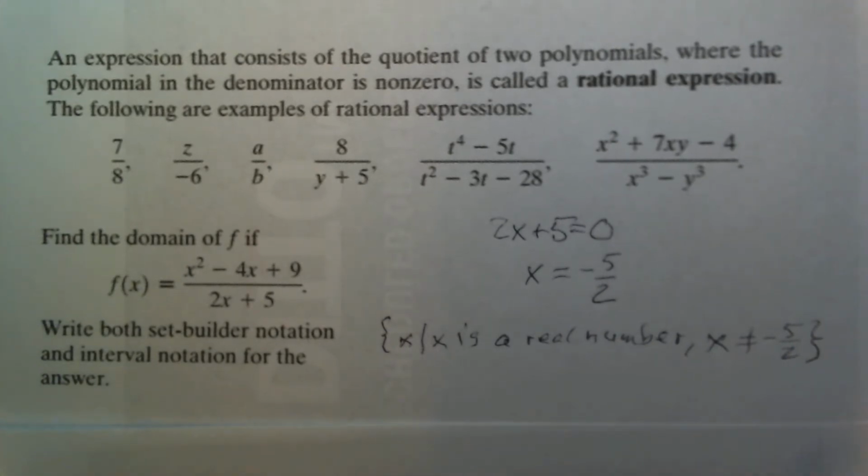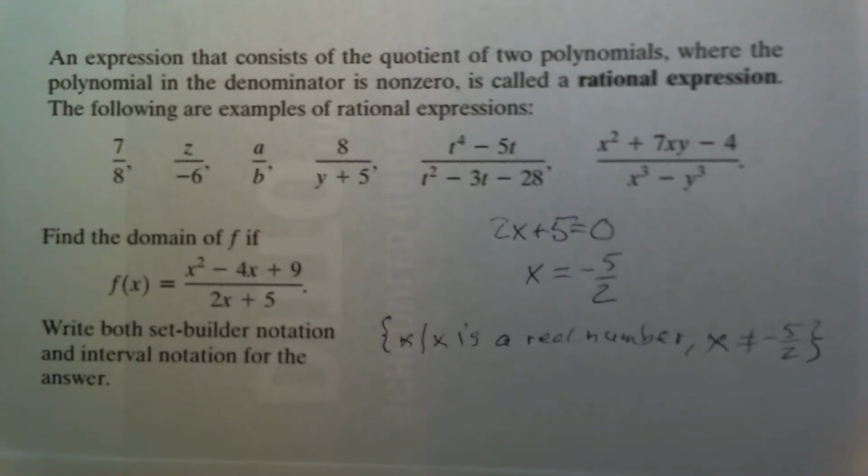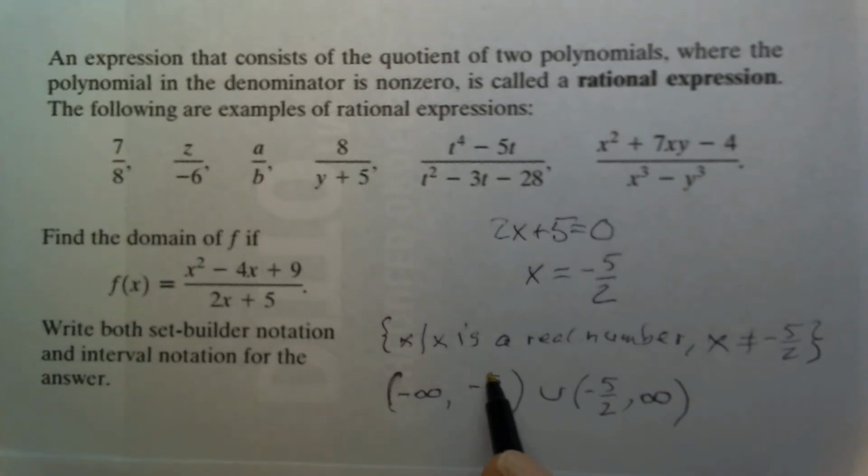And in interval notation, it would be the interval from minus infinity to minus 5/2, with a parenthesis, union the interval from minus 5/2 to positive infinity. And remember, infinity always gets a parenthesis. And that is the answer.